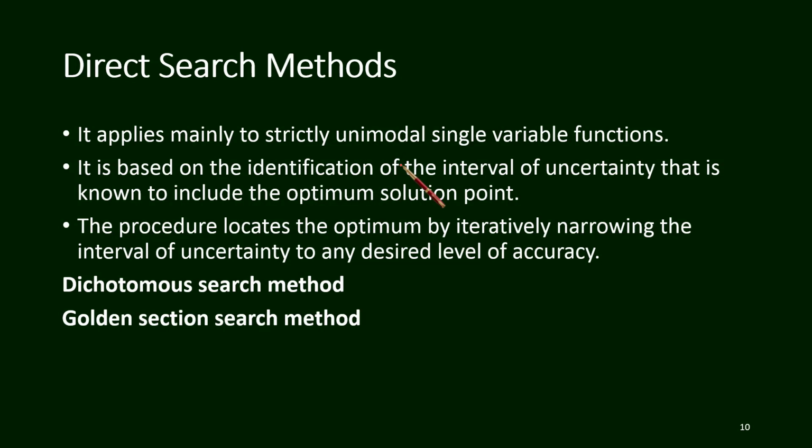Already in the last class we have talked about what is a unimodal function. Let's suppose there is a function in some interval, let's suppose from A to B. In between A and B, it is only having one peak value, either maxima or minima.